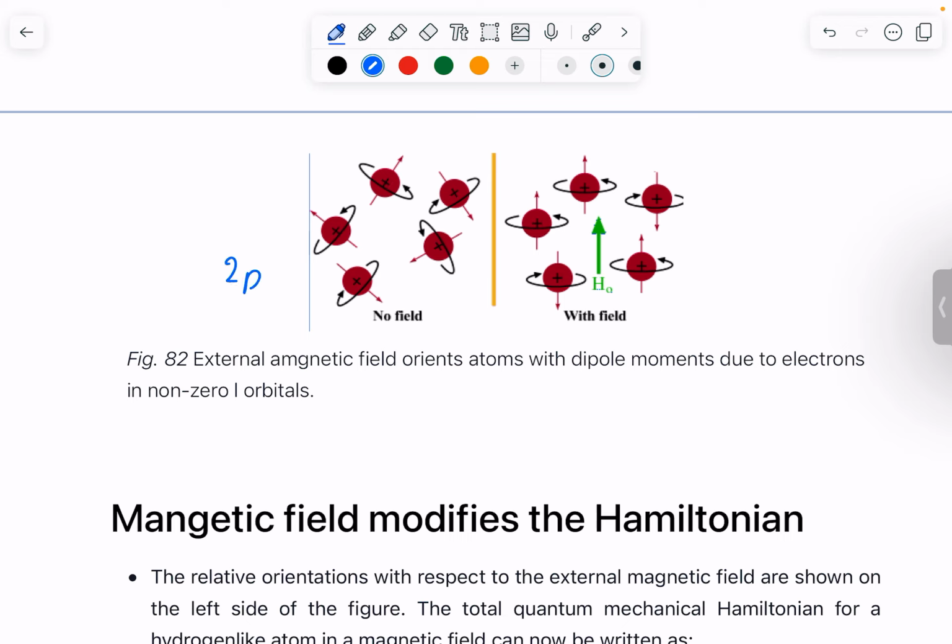If you put the hydrogen atom in an excited 2p orbital, then the atoms are going to be oriented by the magnetic field. The field is going to apply forces to these hydrogen atoms, and they're all going to line up nicely. Here you clearly see the connection between angular momentum, magnetic moment, and its interaction with the external magnetic field.